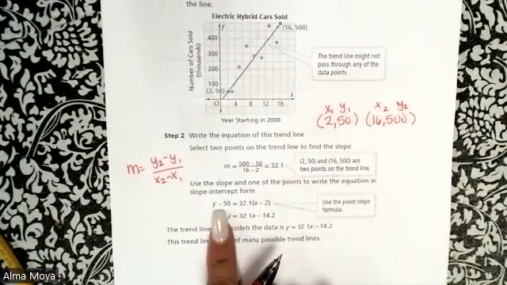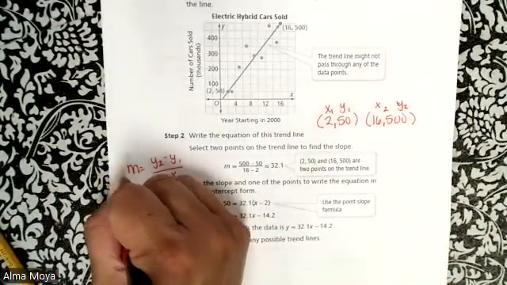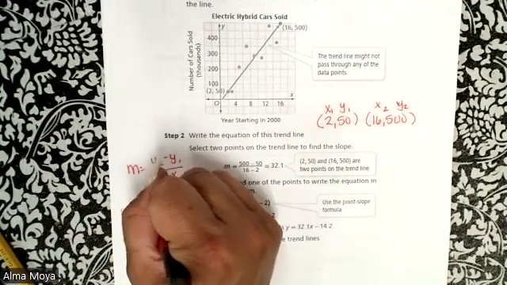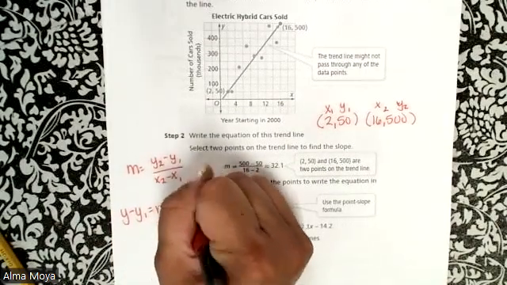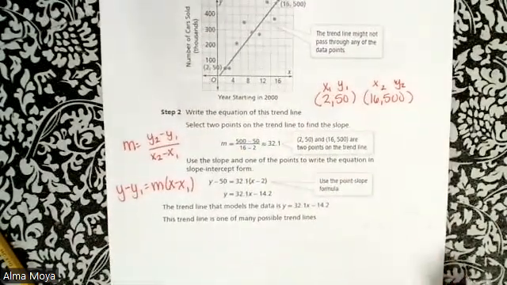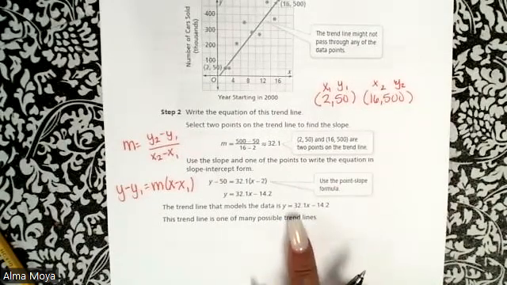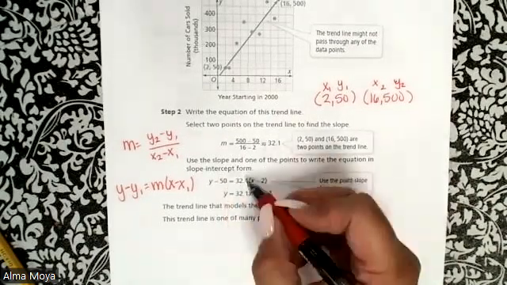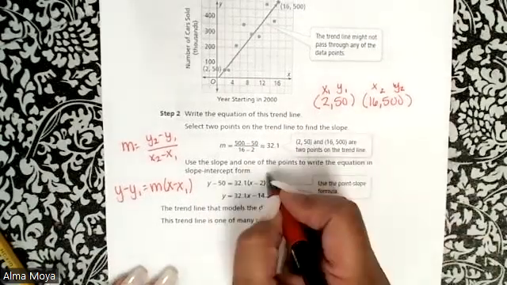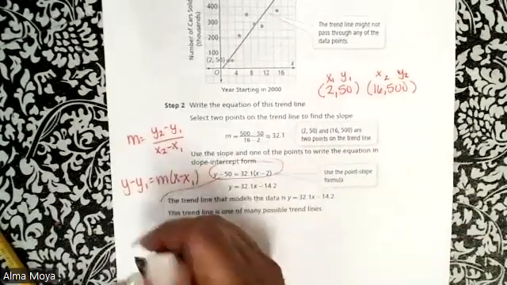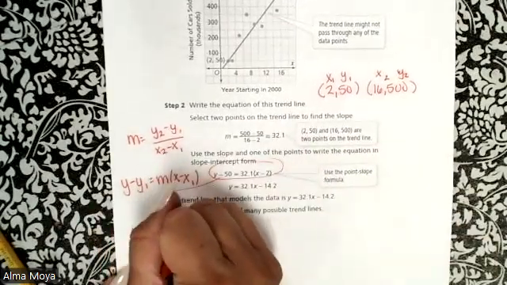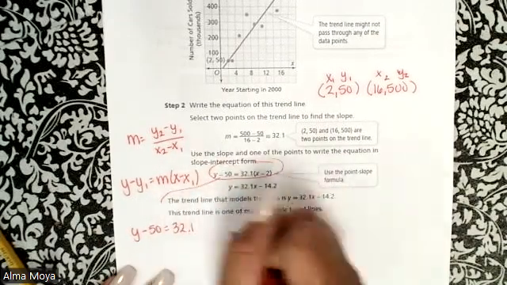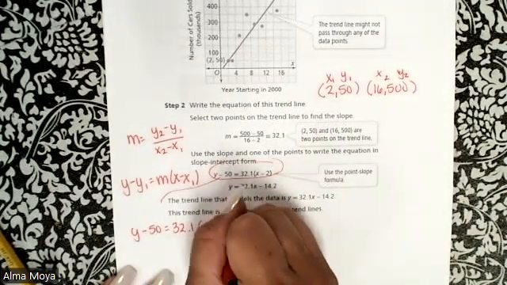Next, we're going to use point slope form: y minus y1 equals m times x minus x1. If we distribute, y minus 50 equals 32.1 times x minus 2.